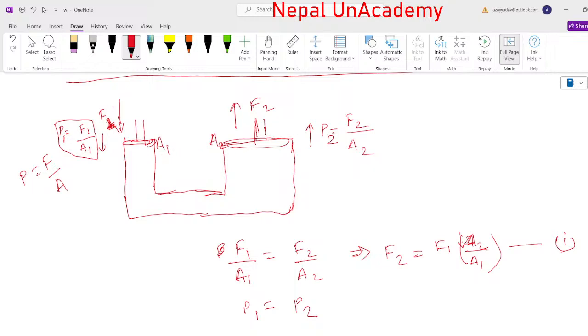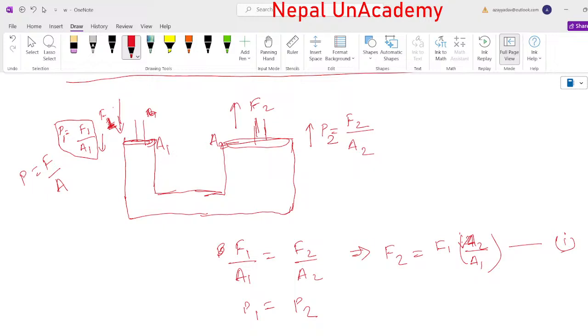From this observation we can conclude that A2 is greater than A1, so the ratio is greater than or equal to 1; in the critical condition it is 1. So if the cross-sectional area of the larger piston is double, A2 is 2 times A1, we can conclude.